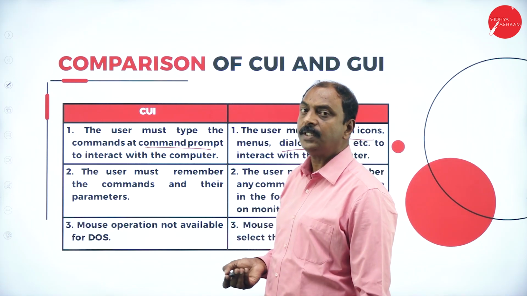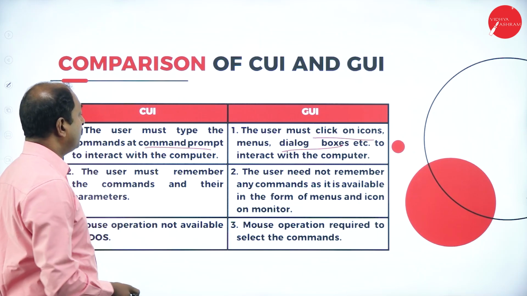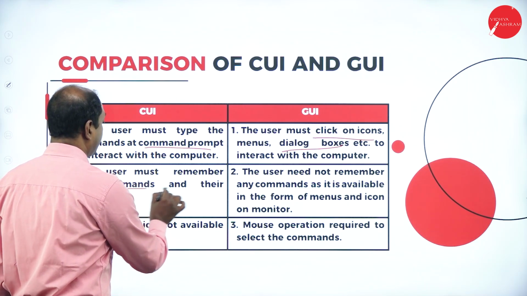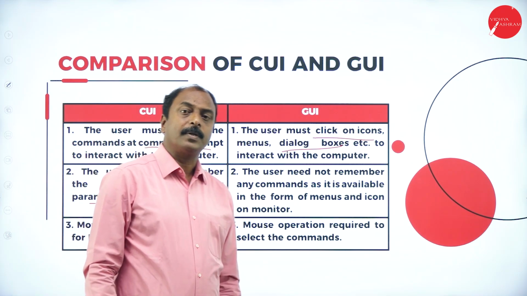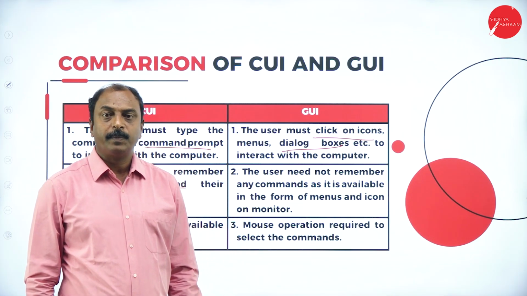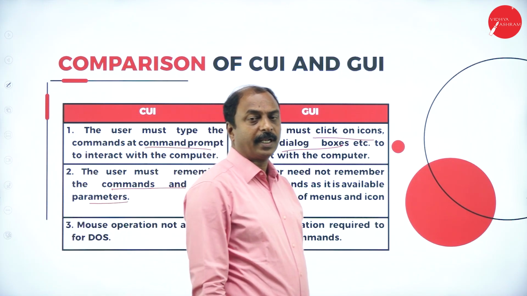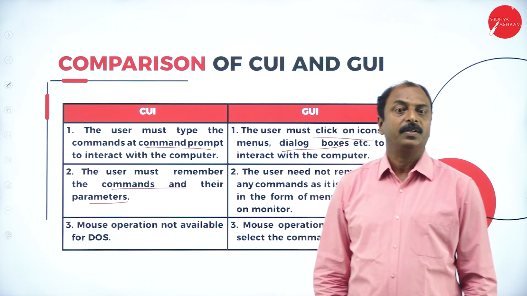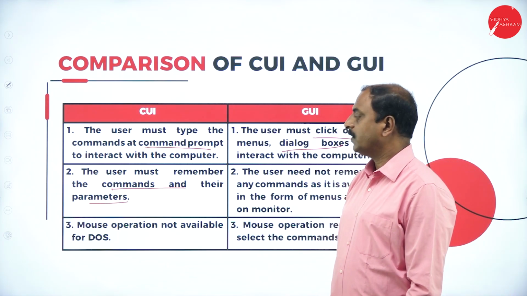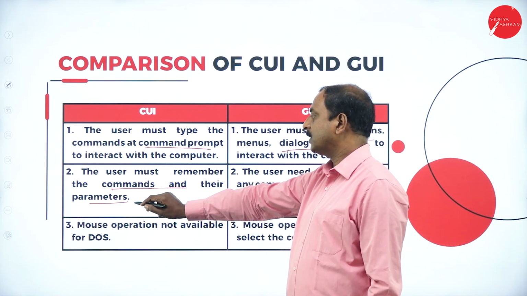This is one difference between the two. The second is that in CUI the user must remember the commands and their parameters. At the command prompt the user must know the language and remember different commands for different applications and instructions, which he has to type.